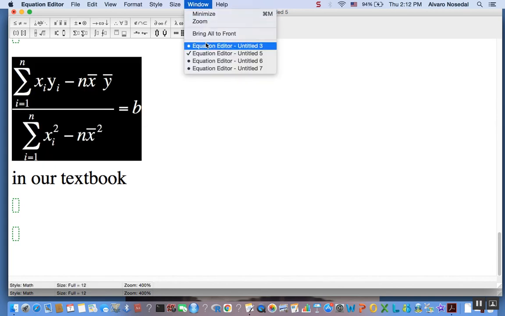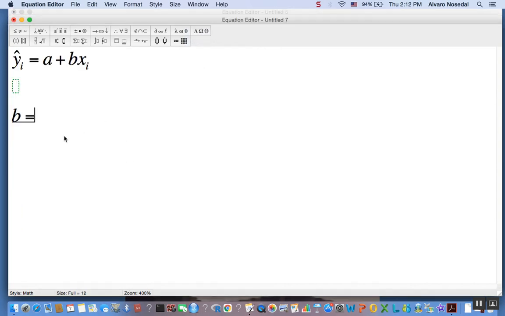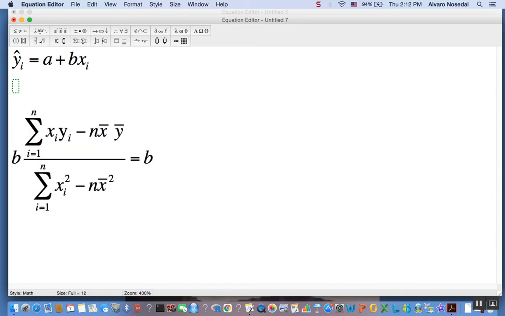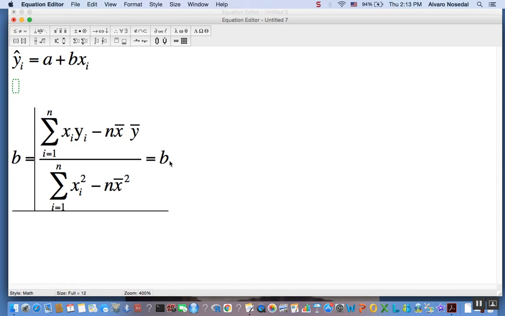The authors from your textbook have a particular notation for that solution, but I think it's better to have this one to be more explicit about what the quantities mean. That would be the estimator for the slope.